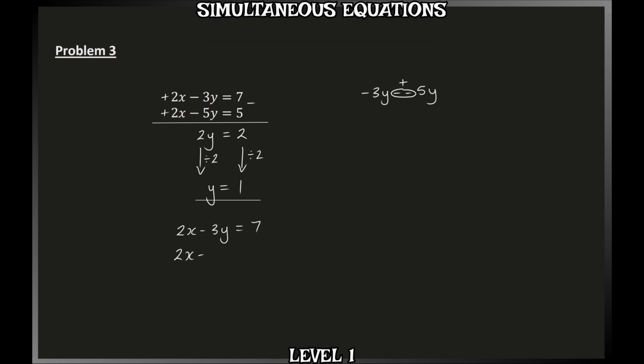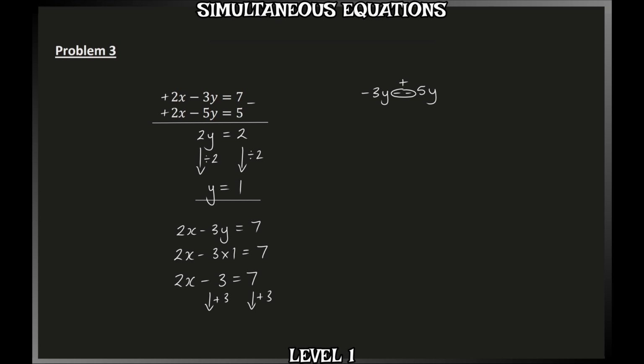So we have 2x minus 3 times 1 is equal to 7. Since 3 times 1 is 3, we have 2x minus 3 is equal to 7, and we can now solve this equation. So looking at the left, we want to remove the minus 3, and we can do this by adding 3 to the left and also adding 3 to the right.